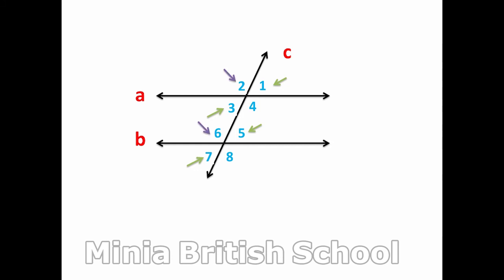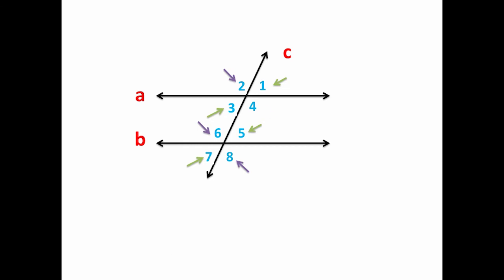Similarly, angle 2 equals angle 6 as corresponding angles. Angle 8 equals angle 6 because they are vertically opposite angles. And angle 4 equals angle 8 because they are corresponding angles.